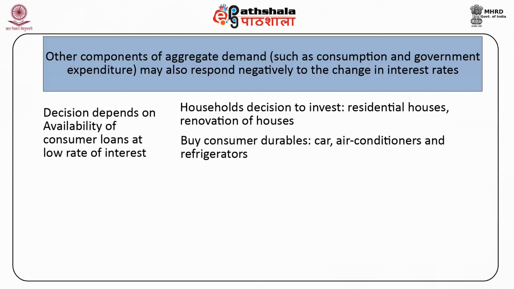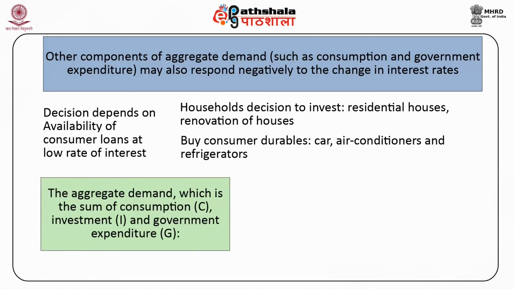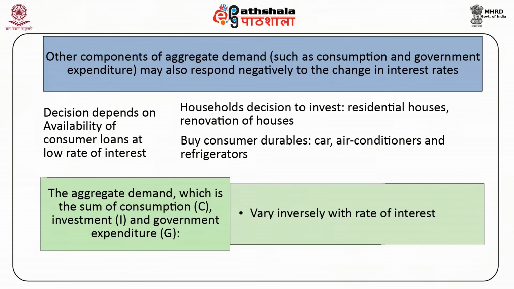In the earlier models, we have considered government spending to be exogenous, but it could happen that the government may incur additional expenditure if its borrowing costs go down due to lower interest rates in the economy. Thus, the aggregate demand, which is the sum of consumption C, investment I, and government expenditure G, is expected to vary inversely with rate of interest.